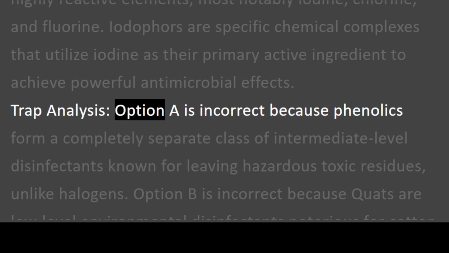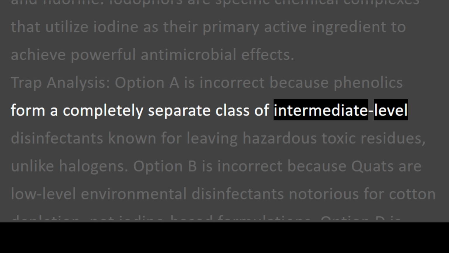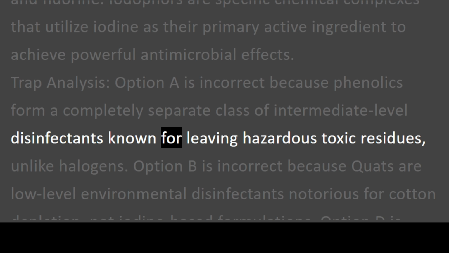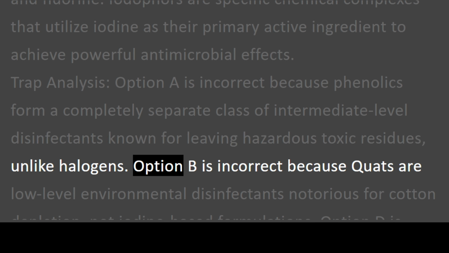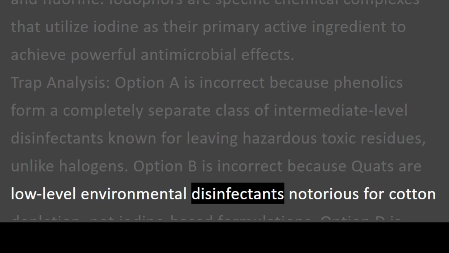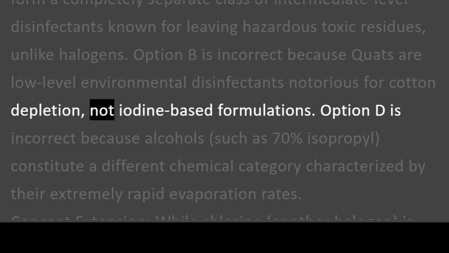Trap analysis. Option A is incorrect because phenolics form a completely separate class of intermediate-level disinfectants known for leaving hazardous toxic residues, unlike halogens. Option B is incorrect because quats are low-level environmental disinfectants notorious for cotton depletion, not iodine-based formulations.